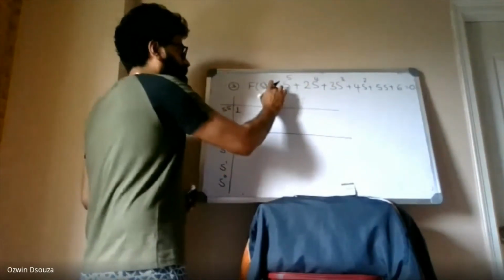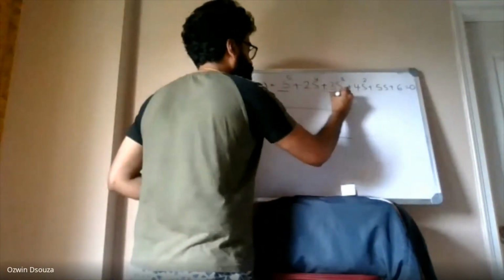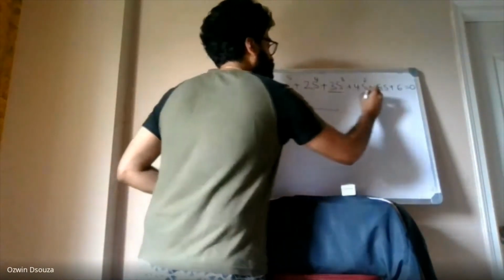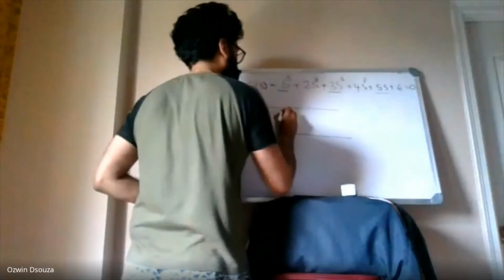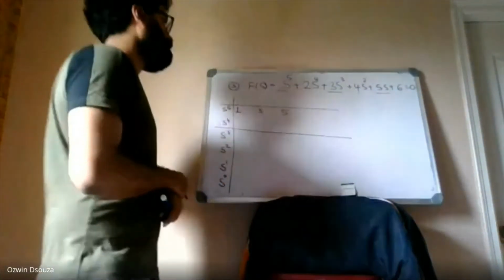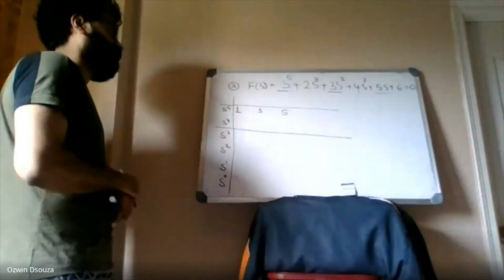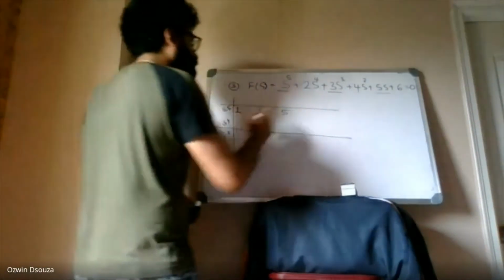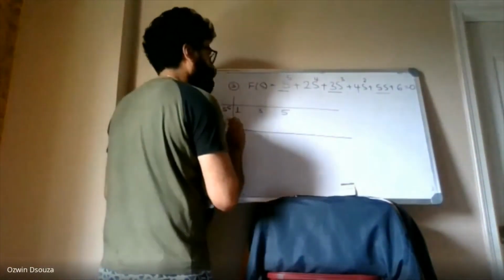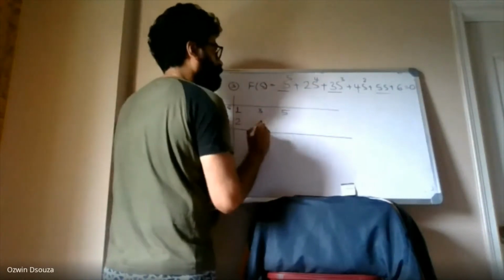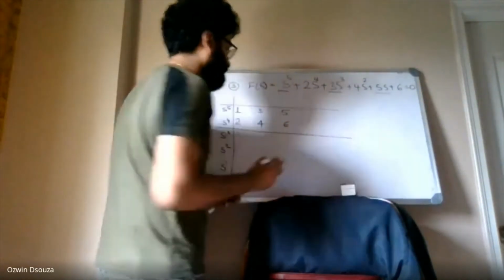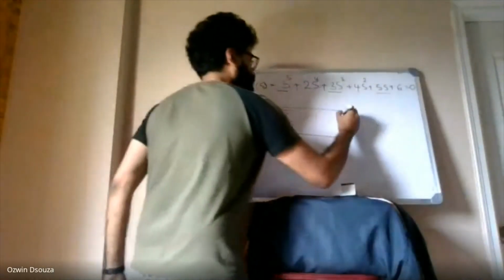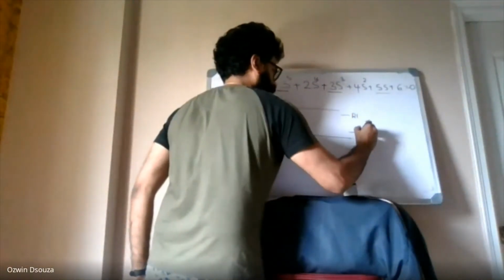So it is 1 and then 3 and then 5. So these are the coefficients of row 1. And in row 2, you are going to write down the missing coefficients. That is 2 and 4 and 6. Done. So you are done with row 1 and row 2.